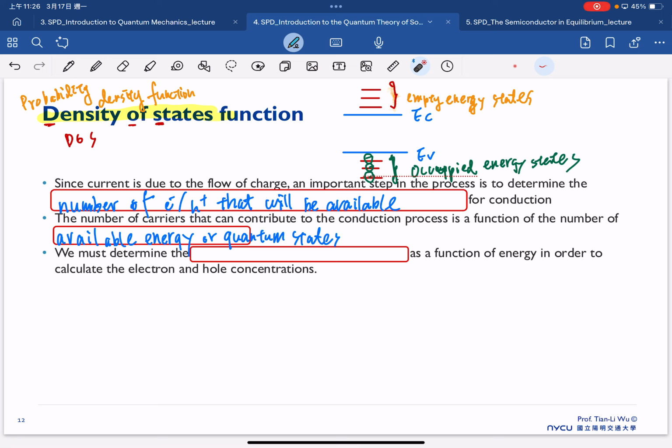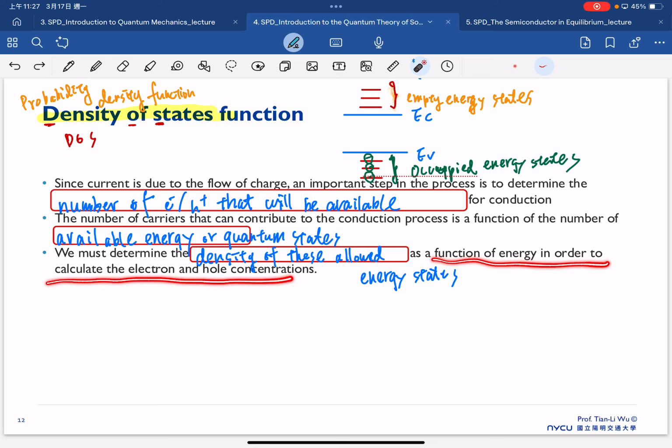So we must determine the density of these allowed energy states as a function of energy in order to calculate electron and hole concentration. So our goal is to calculate the electron and hole concentration.